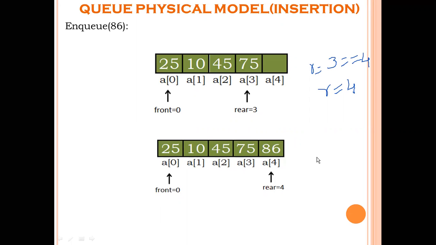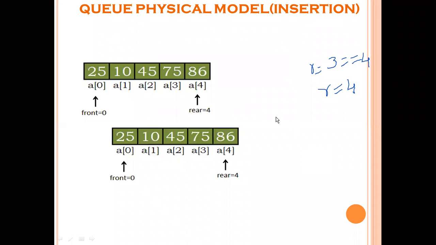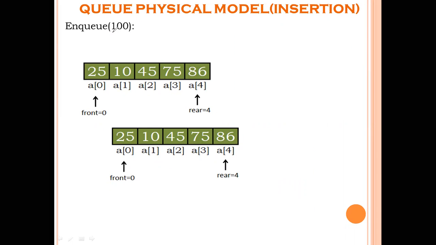Now we will try to insert one more element into the queue. What is the element we are trying to insert here? 100. Now before inserting 100, what we need to do? We need to check whether the queue is full or not. So what is the rear? 4.